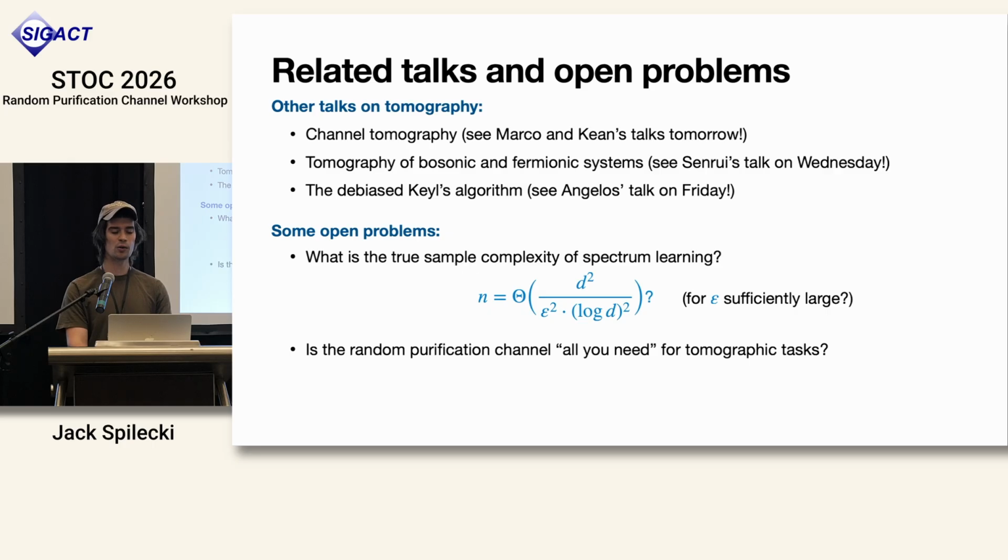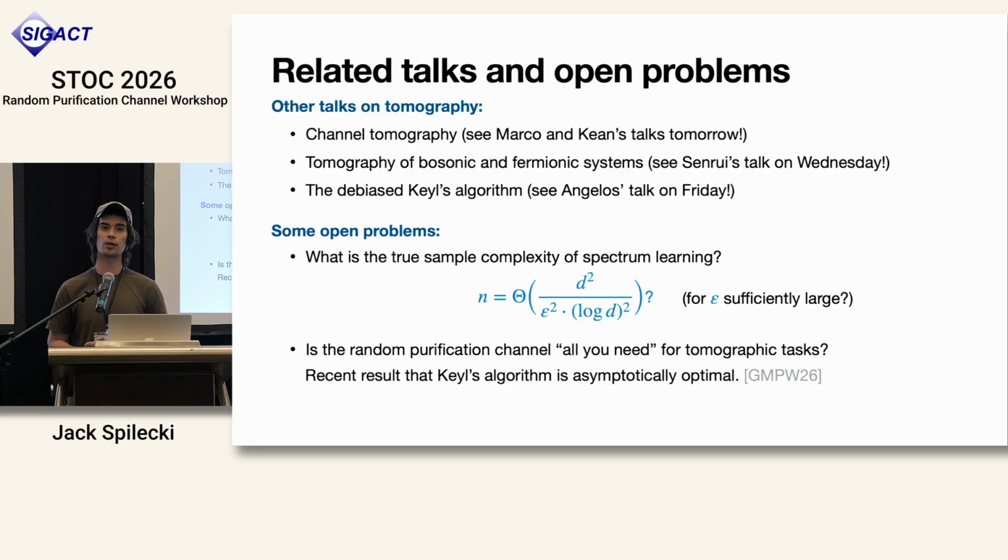And finally, another open problem is: for tomography tasks, is the random purification channel essentially all you need? Or are there genuine tasks where it's much better to just do something else? There's this recent result that one of these representation theoretic algorithms, Keyl's algorithm, is actually asymptotically optimal in a certain information theoretic sense.